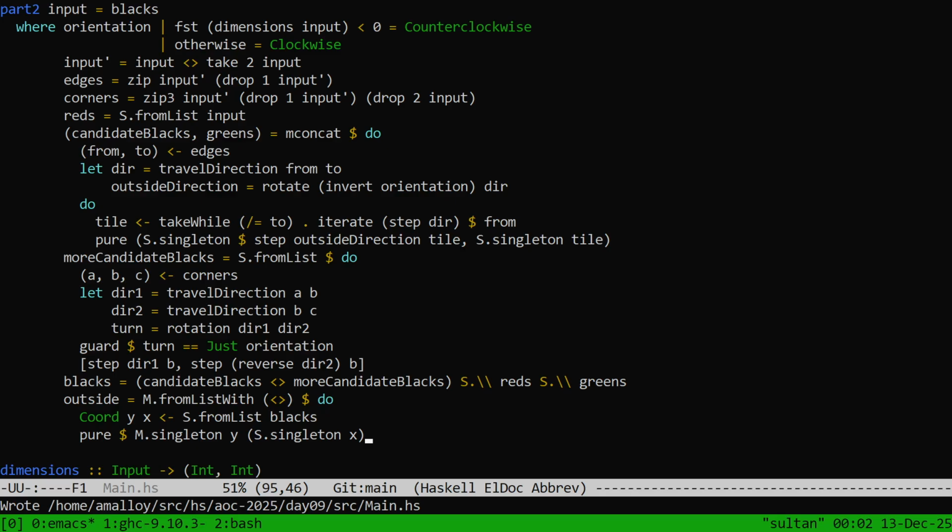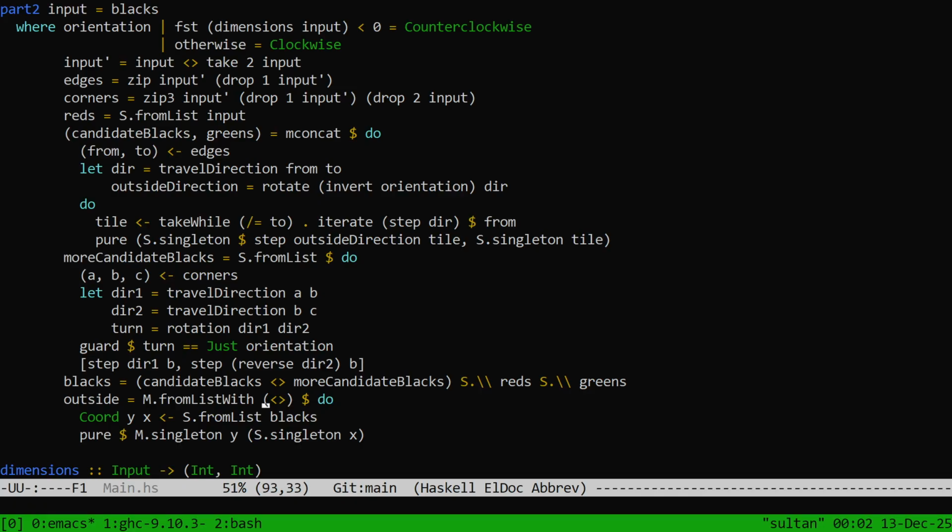for each black tile, which remember there's no such thing in the problem as black tiles. These are just the ones that I've decided I should check for. I'm getting its y and x coordinates, and then I'm creating one entry in the map for its row index and giving it a singleton set saying this is the only thing in that row.